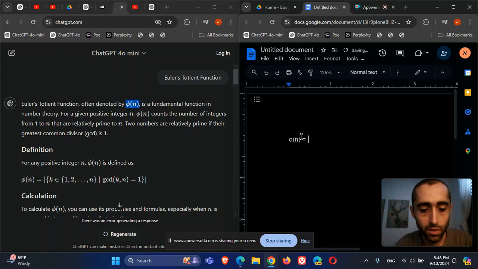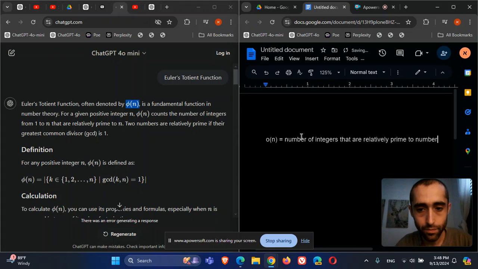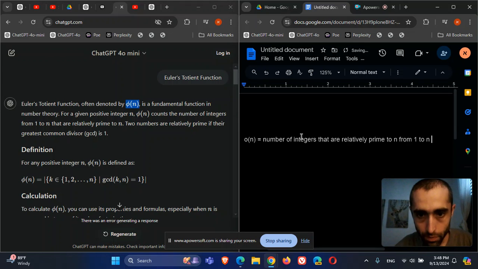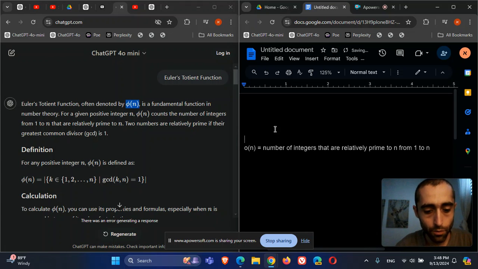What it gives me is the number of integers that are relatively prime to n from 1 to n. So maybe we'll make a header of Euler totient function, also called Euler's phi function.